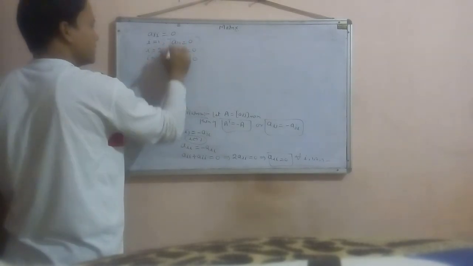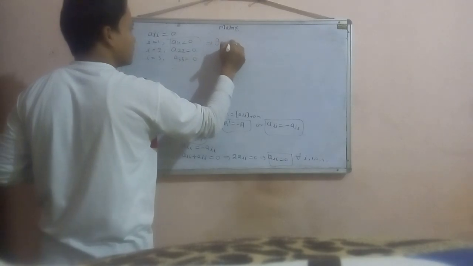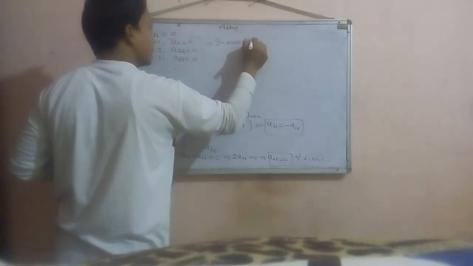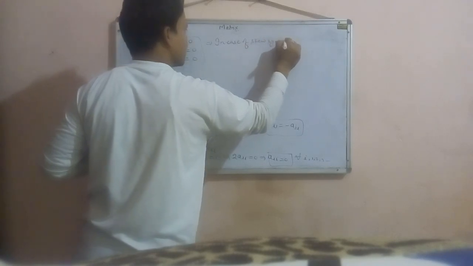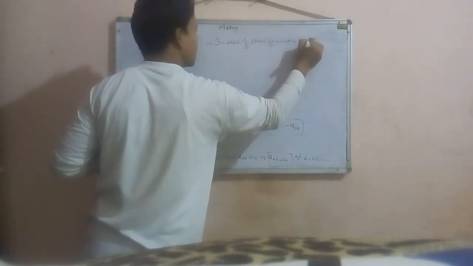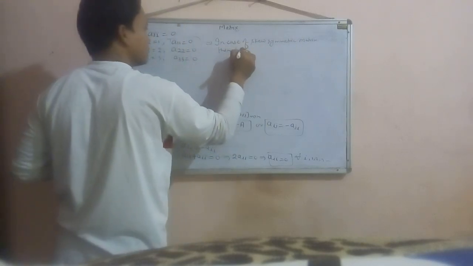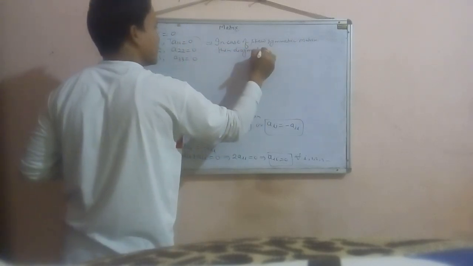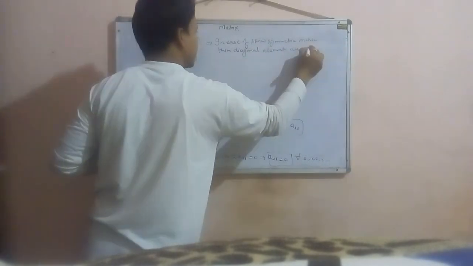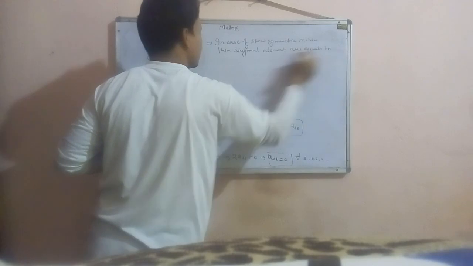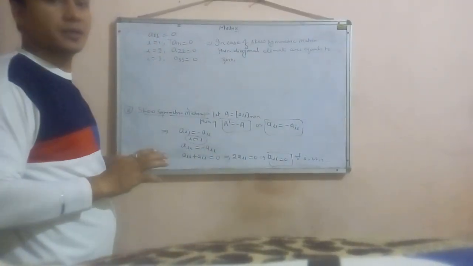So this indicates that in a skew symmetric matrix, the diagonal elements are equal to 0. This is the property of skew symmetric matrices.